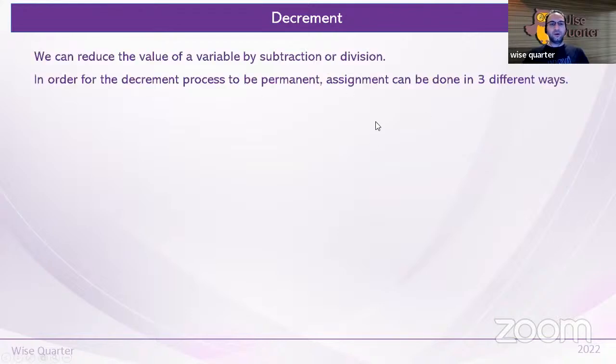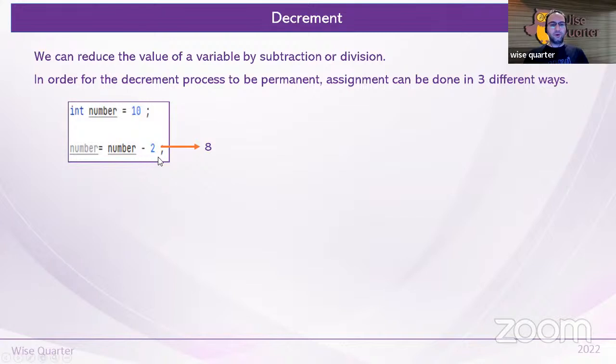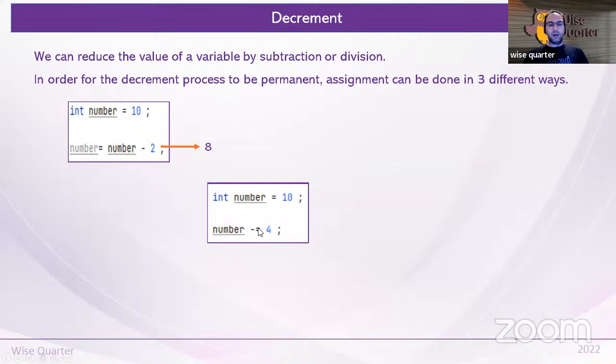Yes, decrement is also the same, with similar functions. Number equals number minus 2. Number was 10 here. Then we subtract 2 from it. The last value of the number will be 8. It is the same thing. Number minus 4.